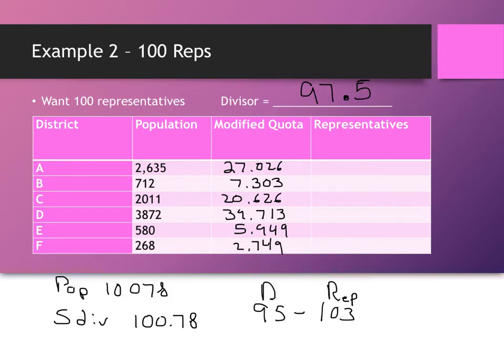So my representatives in this case would have been 27, 7, 20, 39, 5, and 2. Okay?